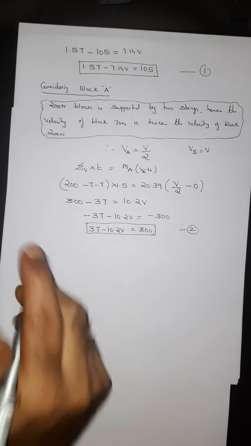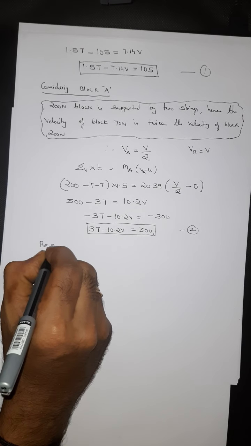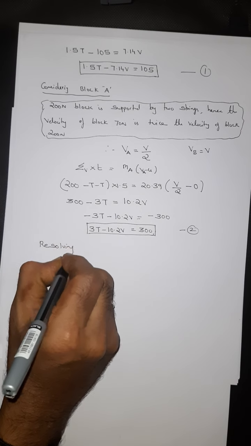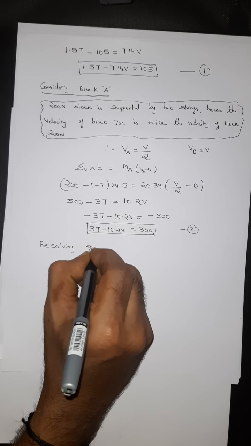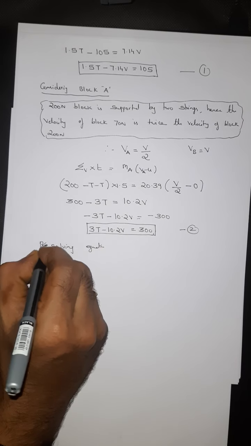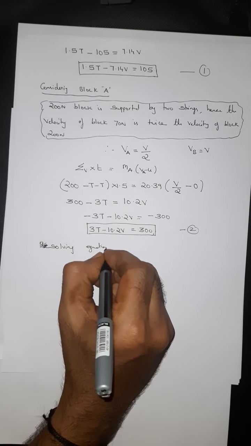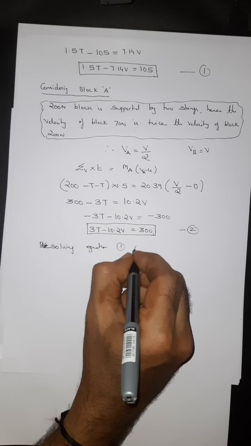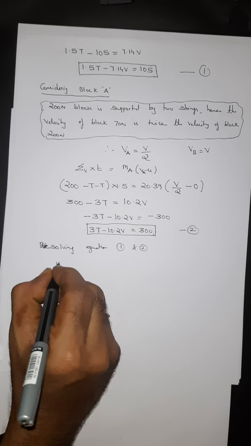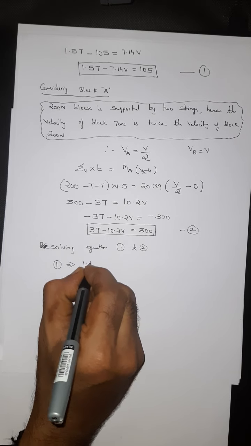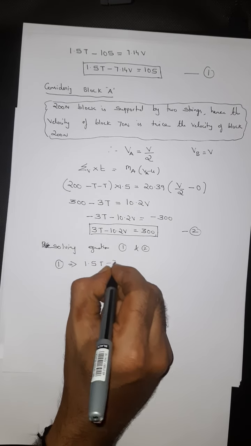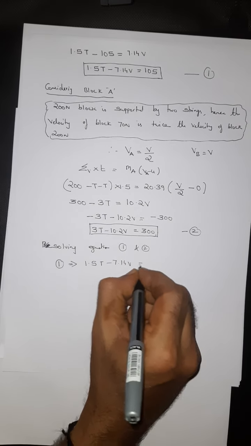Now solving equations 1 and 2. Equation number 1 is 1.5 T minus 7.14 V equal to 105.